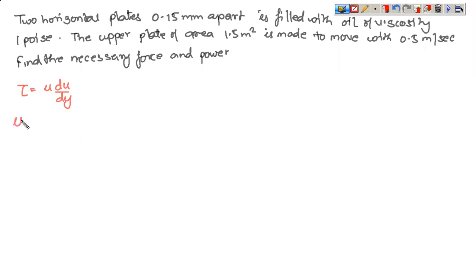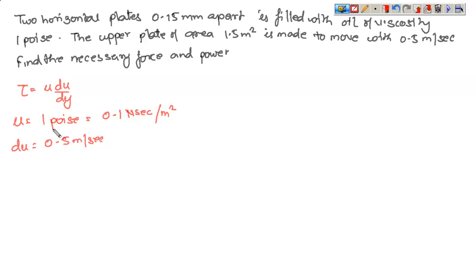So mu is given as 1 poise, which is equal to 0.1 Newton second per meter square, and du is given as 0.5 meters per second.